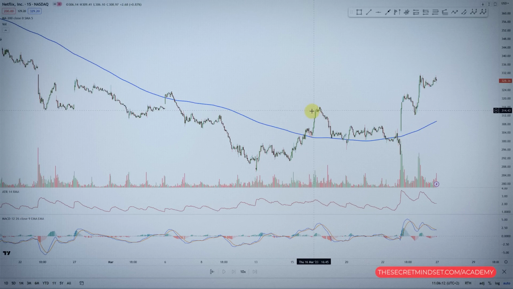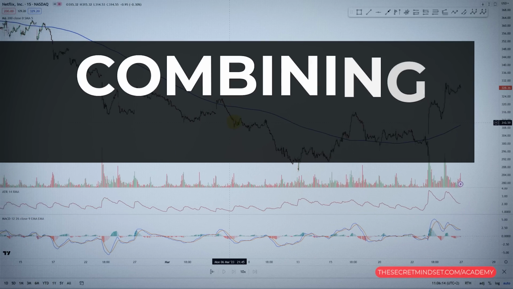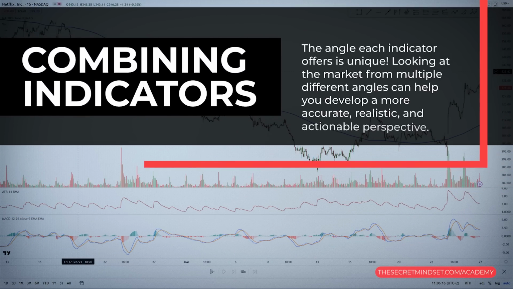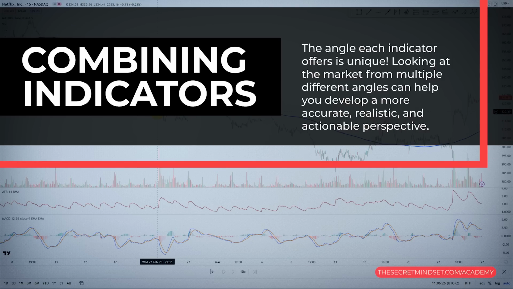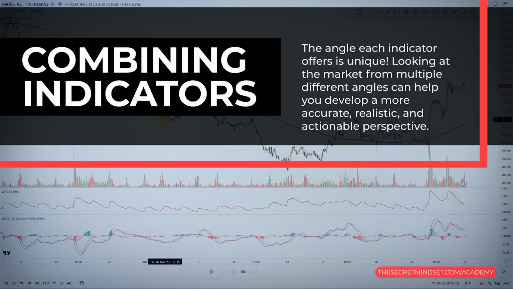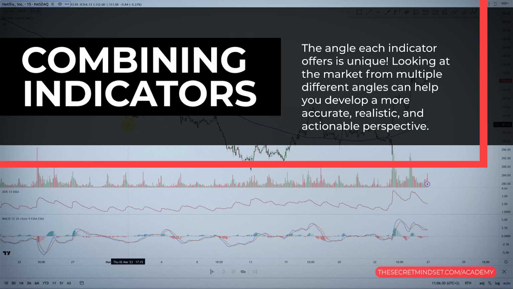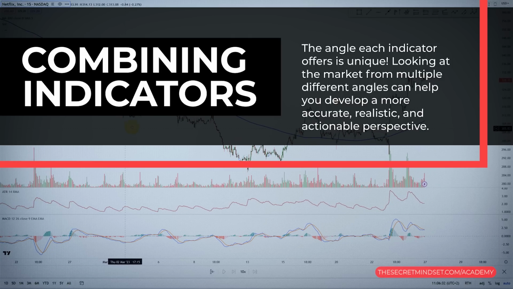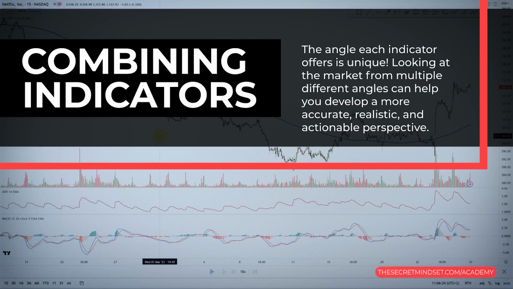So how do you combine trading indicators? While these four types of indicators are trying to determine the same thing, whether prices are about to increase, decrease, or remain stable, the angle they each offer is unique, and looking at the market from multiple different angles can help you develop a more accurate, realistic, and actionable perspective.